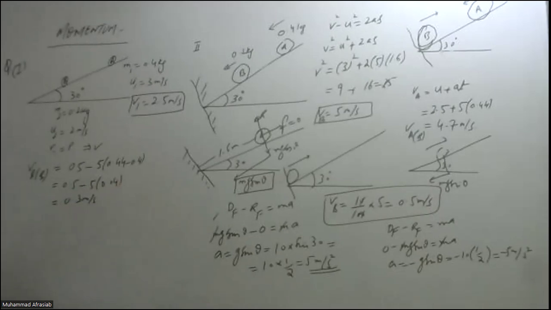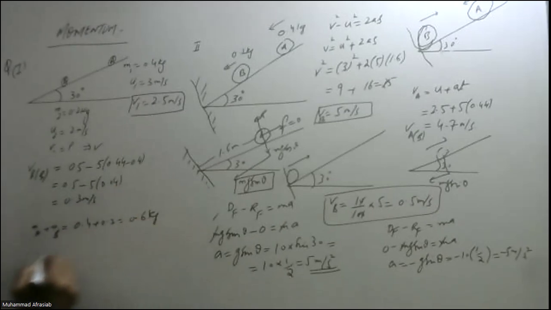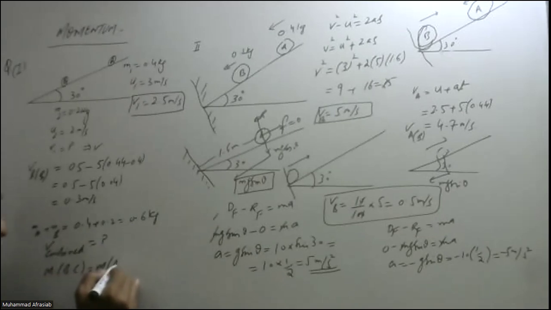So when they coalesce with each other, their masses are combined. So mass of A plus mass of B is equal to 0.4 plus 0.2, that is equal to 0.6 kg. When they are combined together, we calculate the combined speed of these two particles. Again, we use the momentum before the second collision equal to momentum after collision.